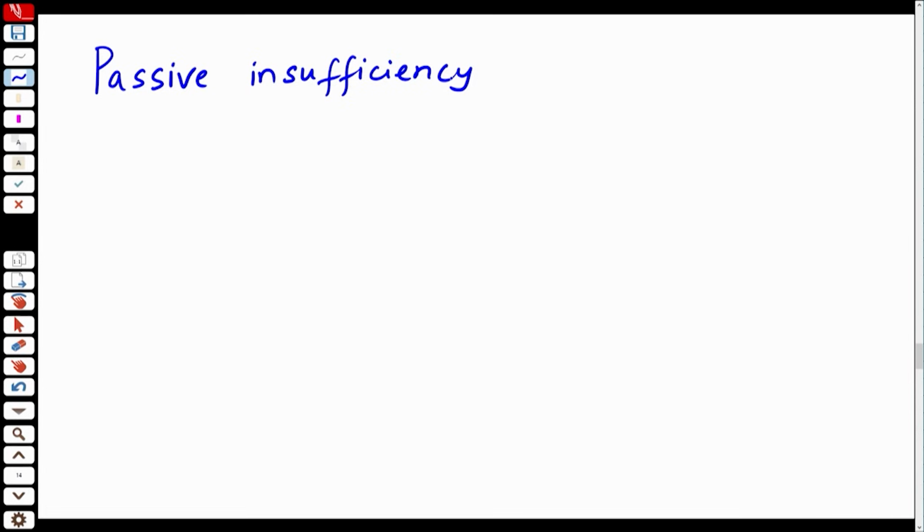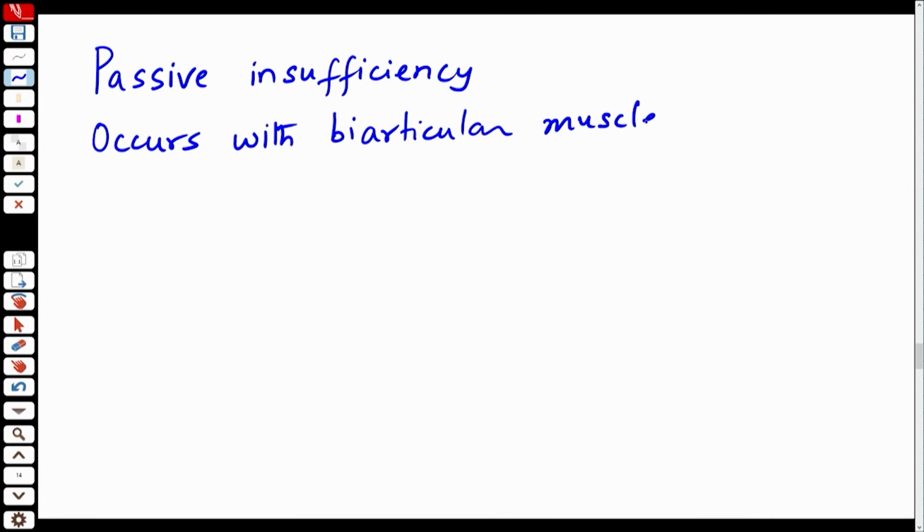Again you see this with muscles that cross two joints, because that is when you can get them to operate at the more extreme positions. So, if you look at passive insufficiency, then joints at the same time, again muscles.